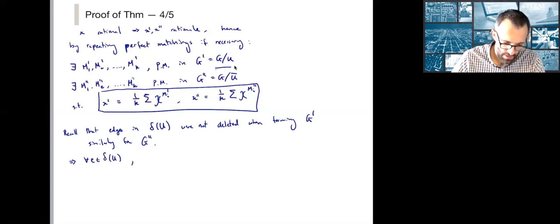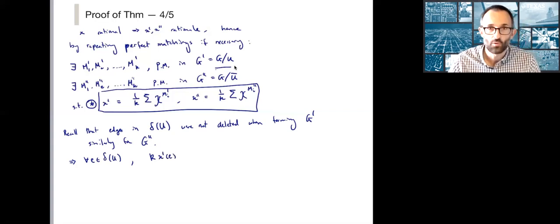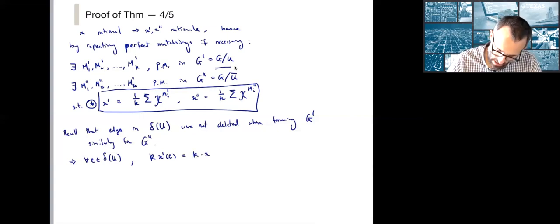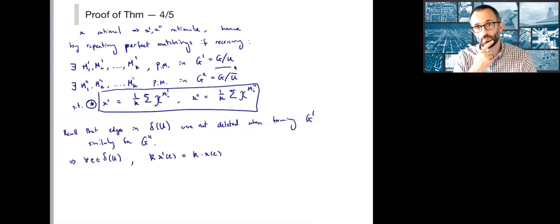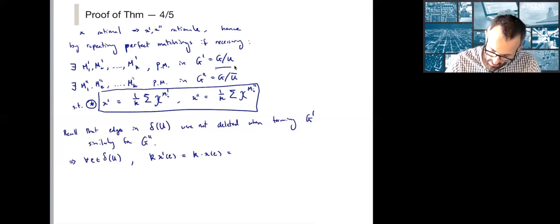we know that just looking at these two boxed equations, this tells me that K times X dash of E, in other words, the coefficient of X dash at that particular edge that's going into U, has to be equal to K times X of E, just because I didn't delete it, but it's also equal to K times X double dash of E. So what does that tell us?